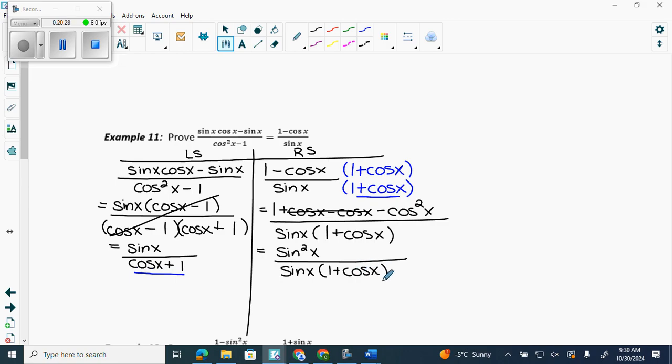The sine x is a monomial, so I can cancel them. If this sine x had anything attached to it, I'd be stuck. That's monomial, monomial. So this one can cancel off that. And oh my goodness, I just have to rearrange the 1 plus cos x to cos x plus 1. And rewrite it. Now let's equals RS.